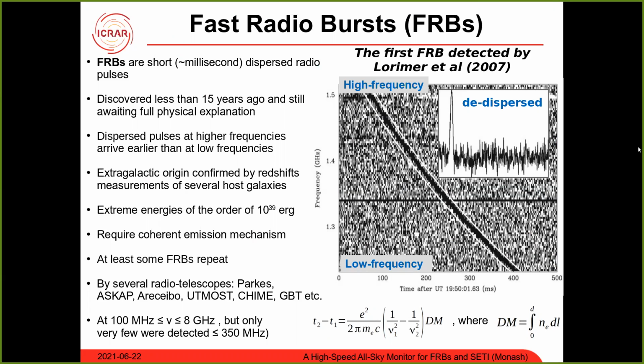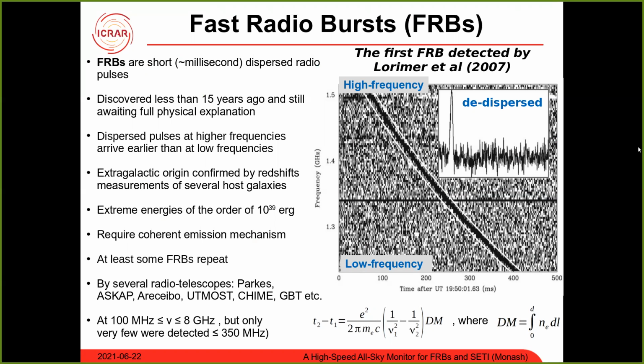The dynamic spectrum of this FRB is shown in the image on the right, where you can see intensity as a function of frequency and time. You can also see that the pulse arrives earlier at higher frequencies than at low frequencies. The pulse is shown here as this characteristic dispersive sweep.